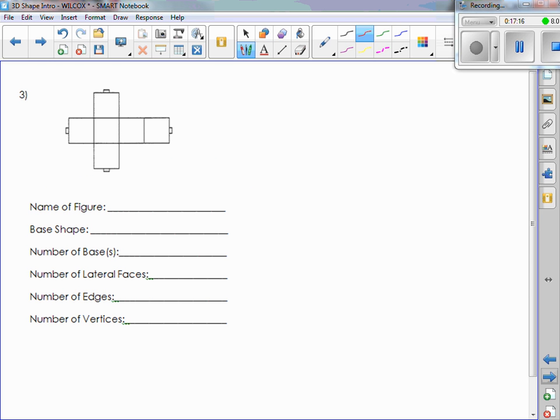Number 3. What do you think this shape would be? It looks to me like they're all squares, which would make it a cube. But then again, we don't necessarily know that they're all 4 congruent sides, making it a square. So I would call this probably either a cube or a rectangular prism. But just to be safe, because we don't know that they're congruent, let's go ahead and call it a rectangle base.